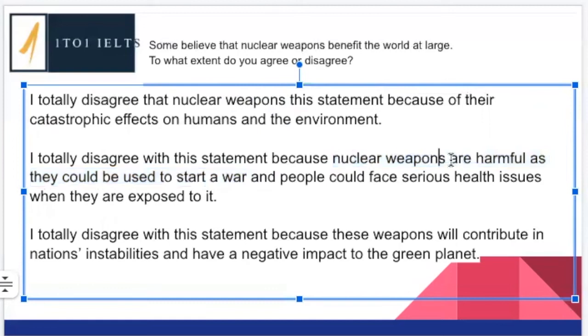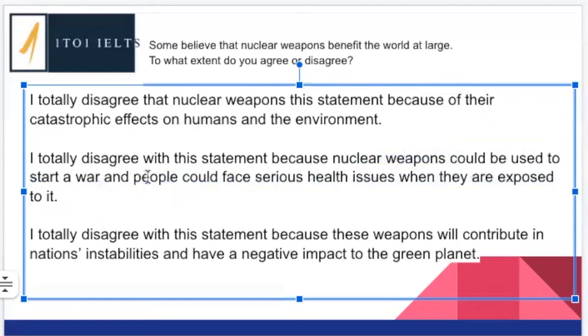So nuclear weapons could be used to start a war. Okay, so that would be one idea. Again, we've got subject, verb, and object. And people could face serious health issues when they are exposed to, and again, we're referring to weapons, but we're keeping it nice and simple.